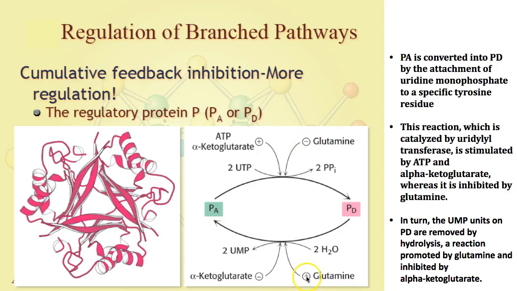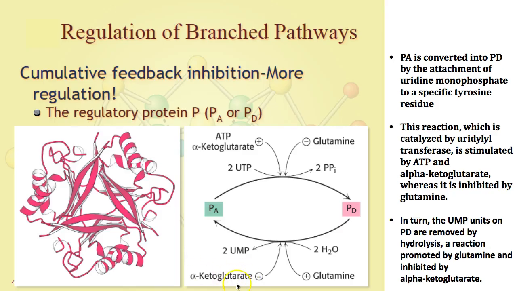That plus symbol is activation. So it's driving it from a deactivated form to an activated form. And once again, when it's in this activated form, it is trying to slow down or stop the enzyme that produces glutamine.